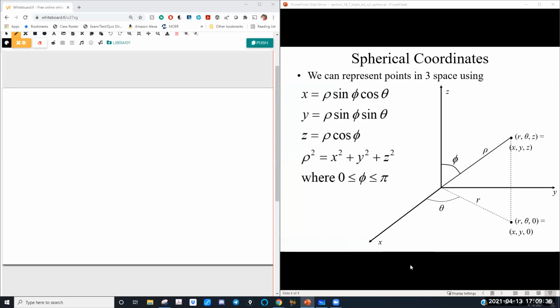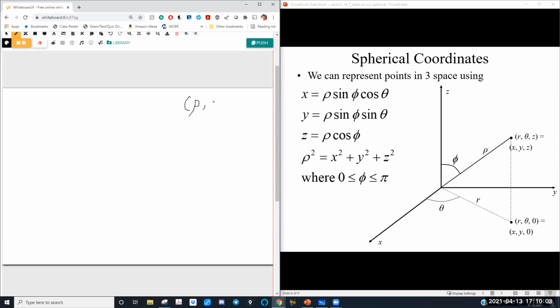So that's a good question. The order that we would list a point in spherical would typically go rho. Oh, no. Gosh, I'm trying to remember now.